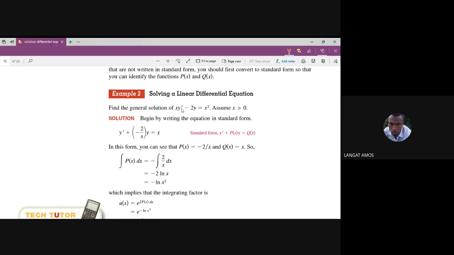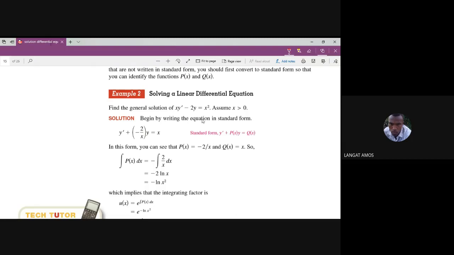The standard form is y prime minus p(x) y equals q(x). So you can tell us the standard form of that one.